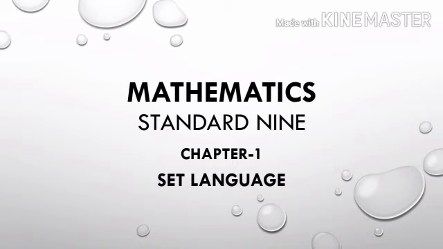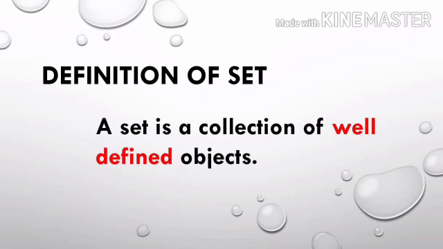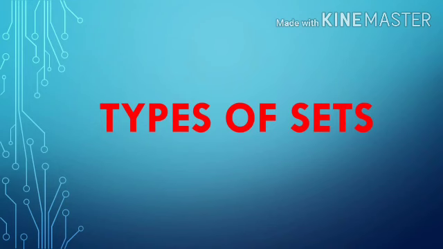Now, totally 9 chapters are there in 9th Standard Mathematics. In that, the first chapter is set language. We have already discussed about the definition of set. That is, a set is a collection of well-defined objects that you know. Now, I am going to explain about the types of sets.